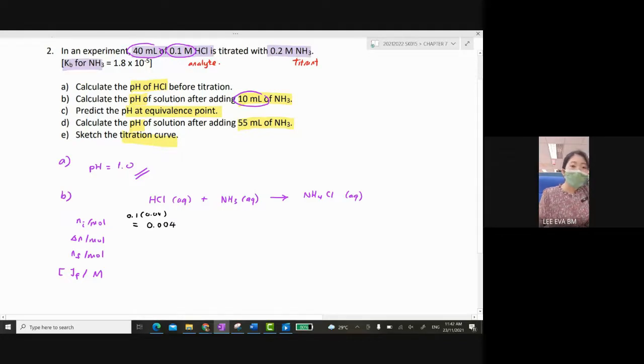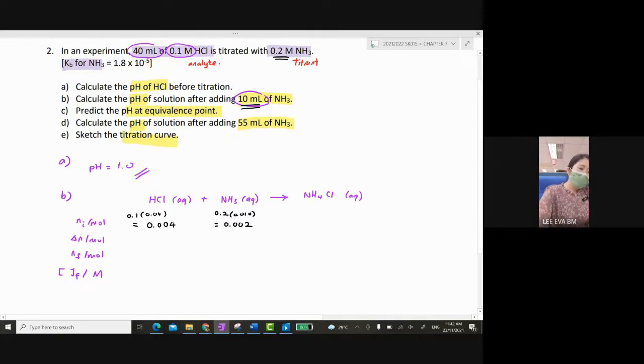So that is from the information provided. NH3 concentration is given 0.2, volume is given 10 milliliters, 0.01, which gives you 0.002.